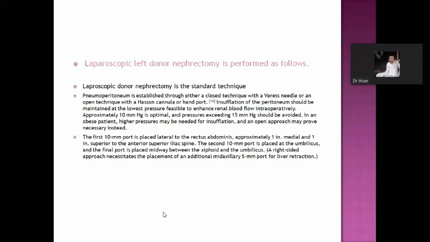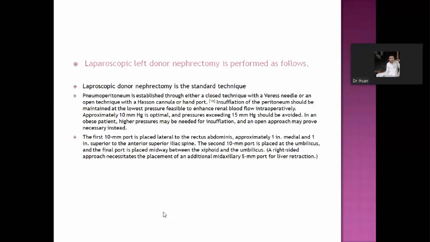Laparoscopic donor nephrectomy, left donor nephrectomy, is performed as pneumoperitoneum is established through either a closed technique with various needles or an open technique with a Hasson cannula. Insufflation of the peritoneum should be maintained at the lowest pressure feasible to enhance renal blood flow intraoperatively.